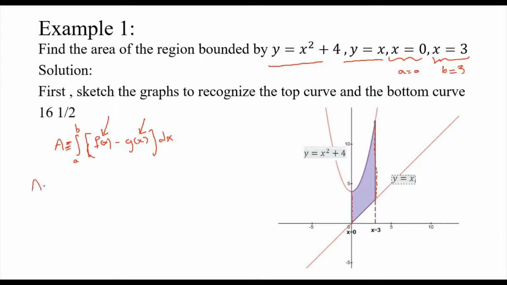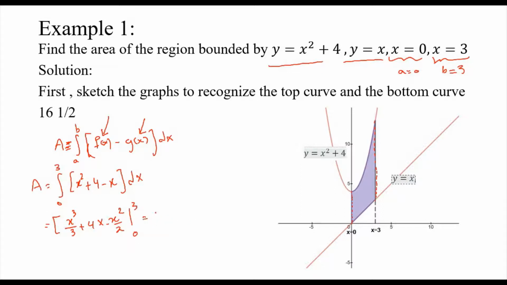So if we do that, we will have the area is equal to the integral from 0 to 3 of the top function, which is x squared plus 4 minus the bottom function, which is x dx. So we integrate, so this is x cubed over 3 plus 4x minus x squared over 2 from 0 to 3.